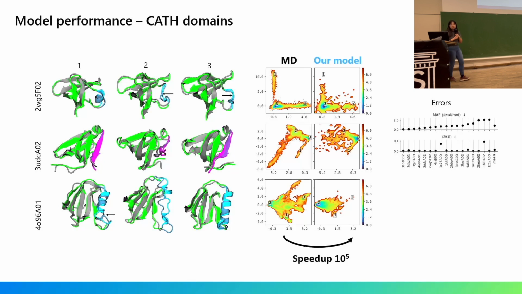We have to note that running MD simulation is very, very expensive. It takes a very long time to converge to equilibrium. To get the same level of coverage of the distribution, our model is 5 orders of magnitude faster because it directly samples IID after training on the MD simulations.